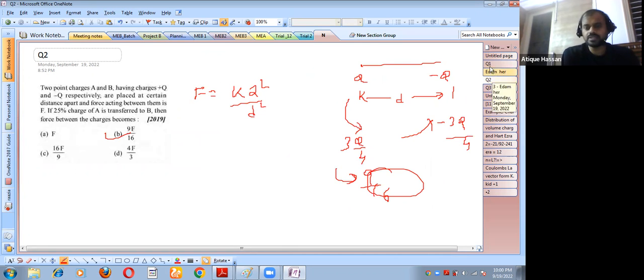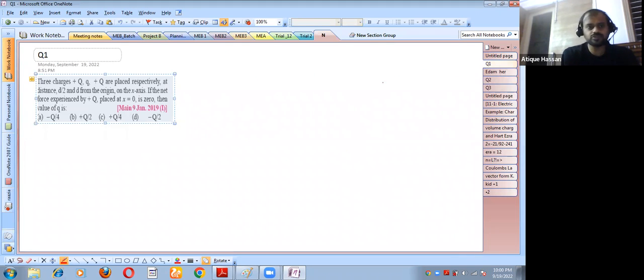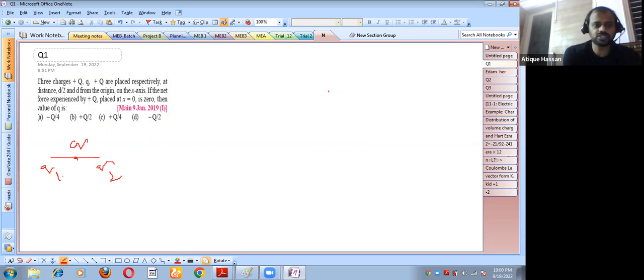The second thing is that in such cases, if we have a number of charges present anywhere, and we have to find the force on a given charge, what we will do is take the vector sum, right? If we have two charges, like charges q1 and q2, and we have to find the force on the third charge q, this is the very basic concept: we take the vector sum.